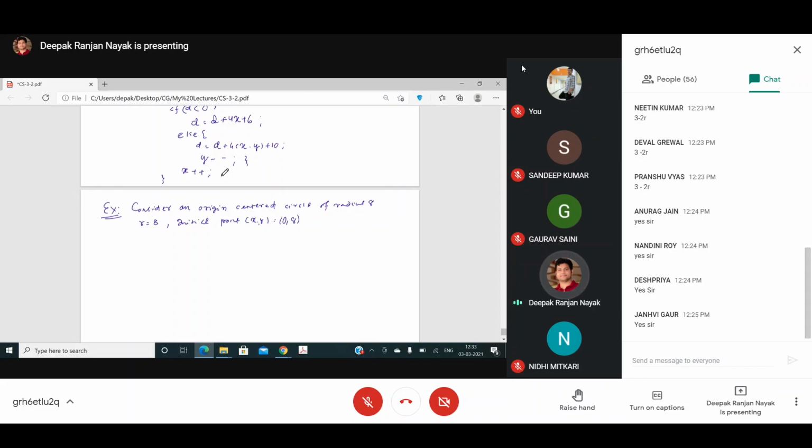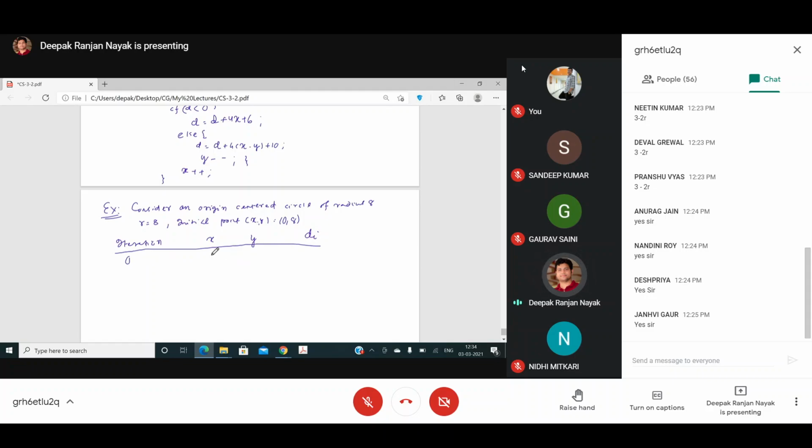So my x value is 0, y value is originally 8. Let me write here the iteration, x, y, and my distance parameter d i. Either you can start with d0 or d1, doesn't matter. Initially my iteration is 0.